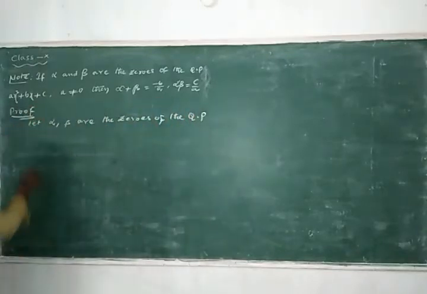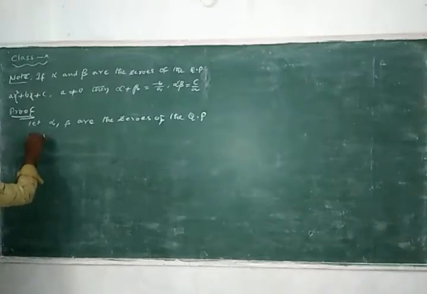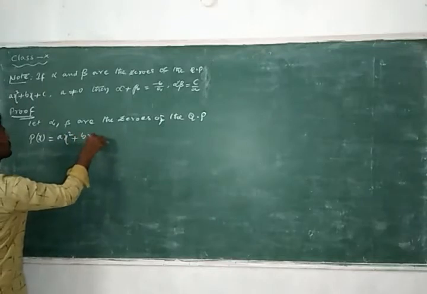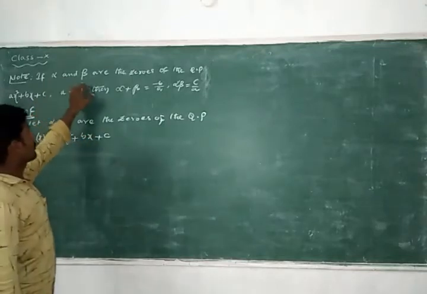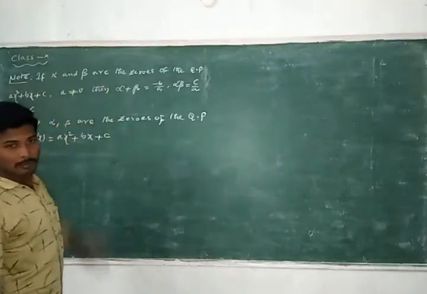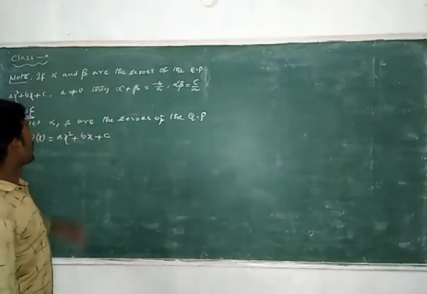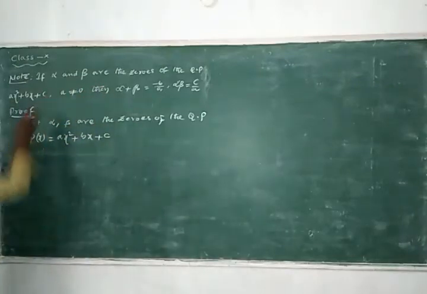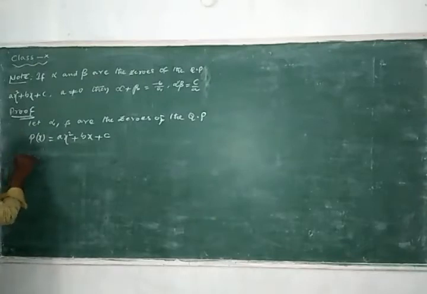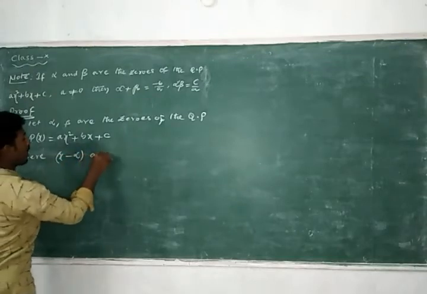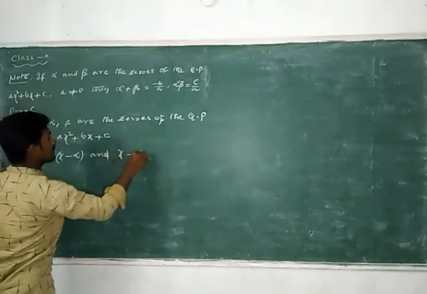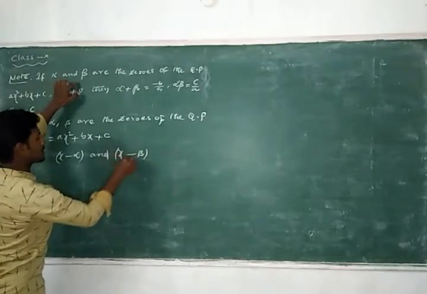Now take f of x is equal to ax square plus bx plus c. Alpha, beta are the zeros of the polynomial, so the factors are x minus alpha and x minus beta; here we take minus.